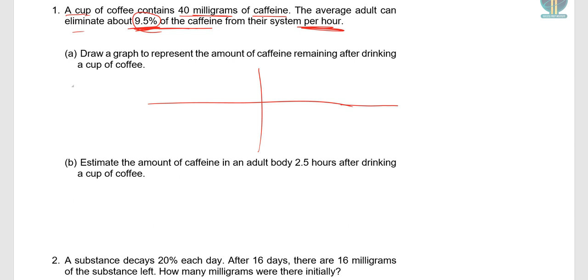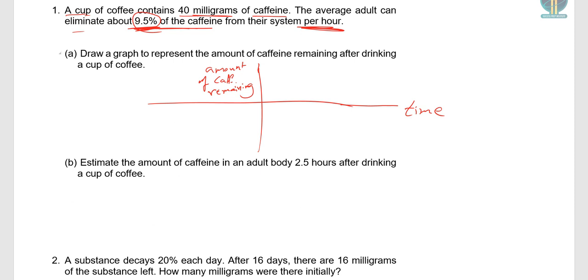So the x-axis is going to be time, as time passes, and the y-axis is going to be the amount of caffeine remaining.